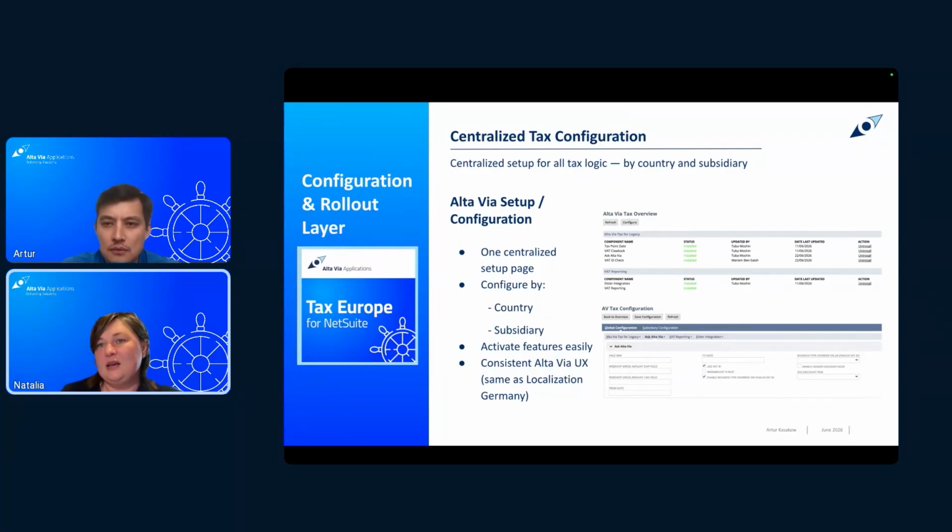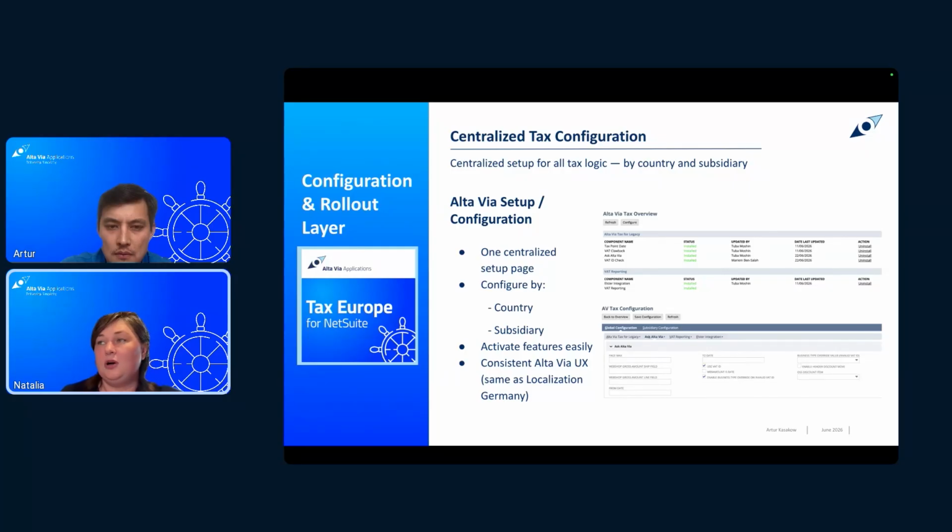And the last layer, which I also wanted to cover, is once again the assurance that the setup and delivery is very quick and swift. We have a centralized setup, one configuration where you can see the tax logic, and everything is in your hands. So you do not need to roam around the system to go to setup and whatnot. It has the same logic as we have for our other products, with our other dashboards for localization Germany or Dunning.